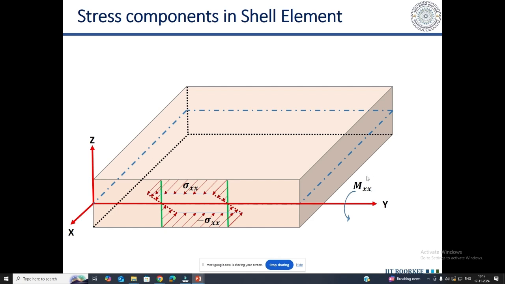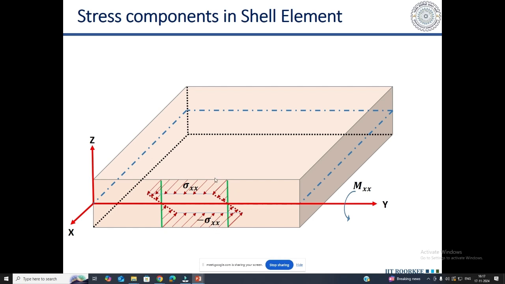So if you apply either moment or rotation about y axis, how will the stress generate? Because of this moment or rotation, this plate will try to bend like this, so that the top surface gets the normal stresses directed away from the plate, and the bottom surface gets the normal stress directed towards the plate.